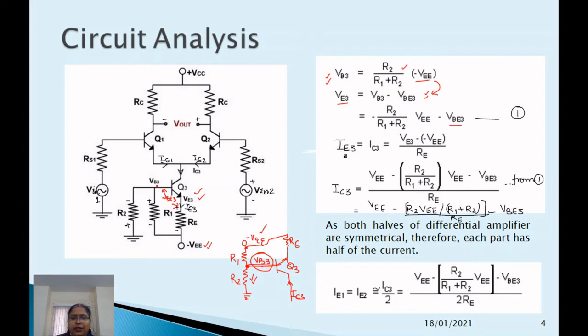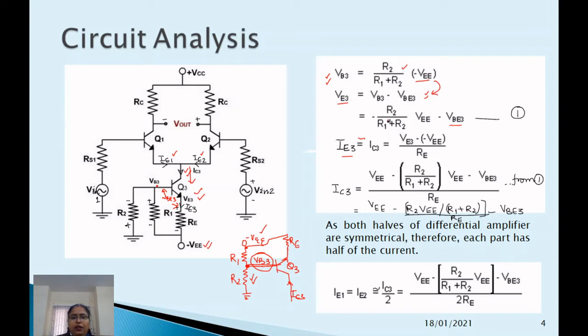Now IE3 is approximately equal to IC3 because it is flowing through like this. IC3 is the collector current of transistor Q3, which is the sum of IE1 and IE2.